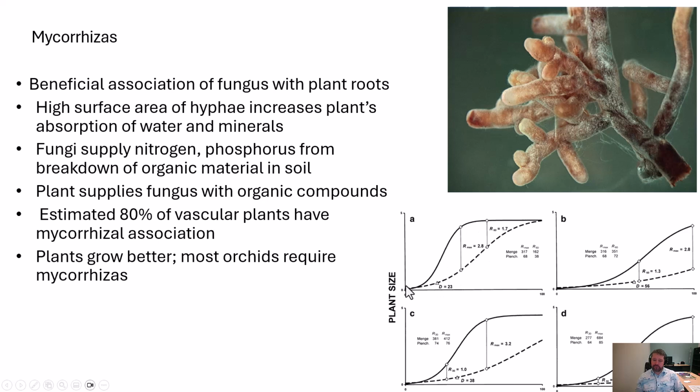So if you plant them both at the same time, no mycorrhizae on this dotted line, mycorrhizae on the solid line, eventually, if enough time goes by, they can play catch up. But for some, there's no catch up. Things like orchids, if you don't have that mycorrhizal association, that plant can't grow and it dies. Some are permanently stunted because there's no mycorrhizae, and some can play catch up. It just takes them longer to grow.